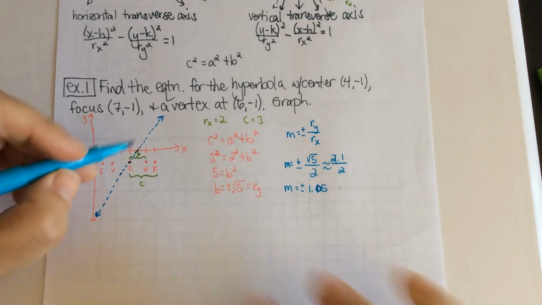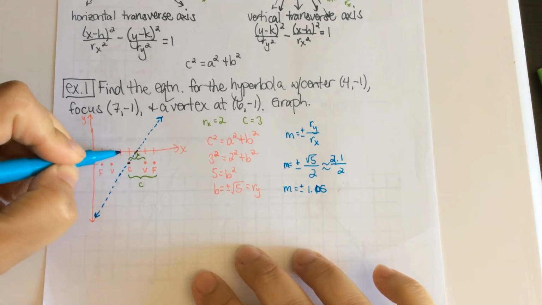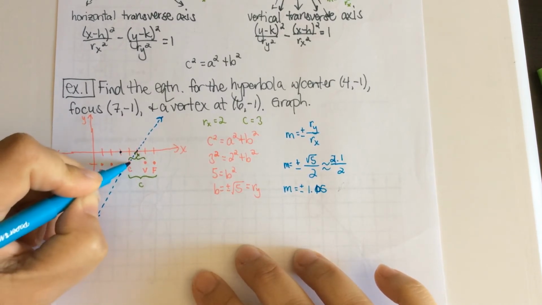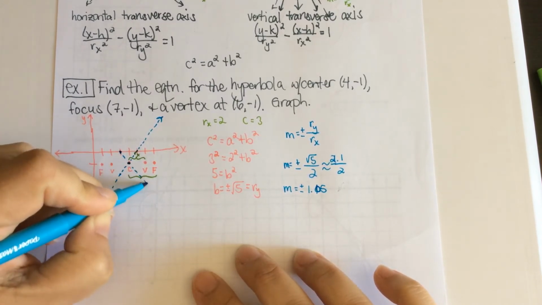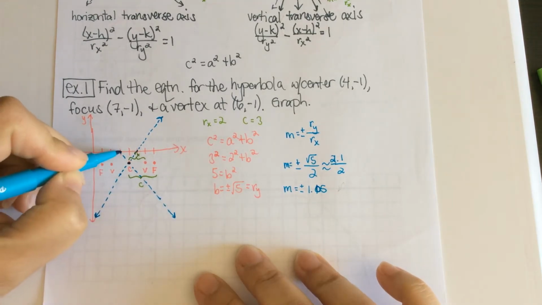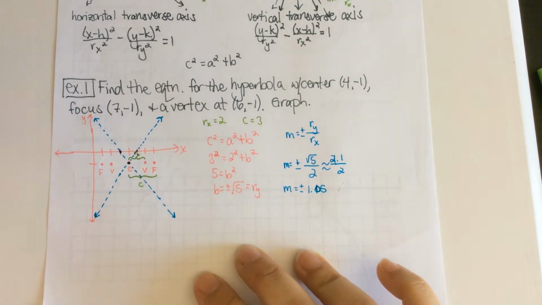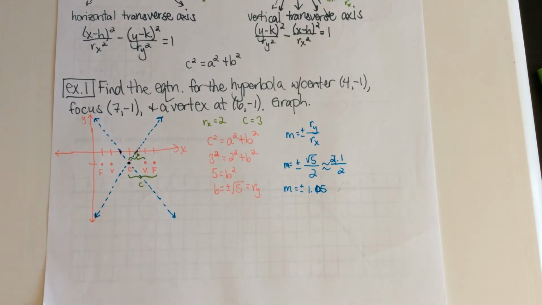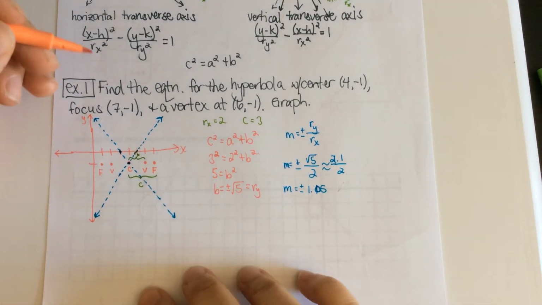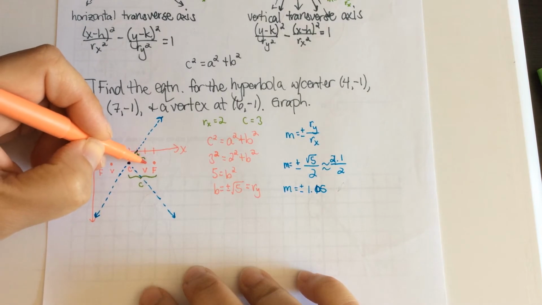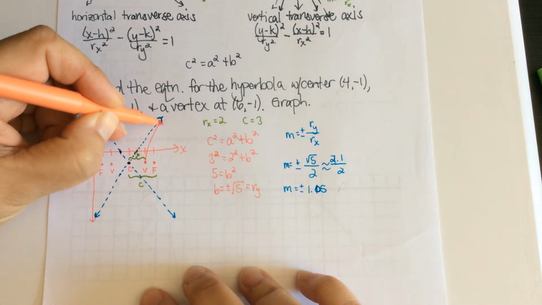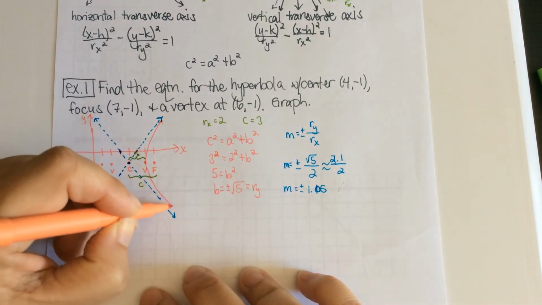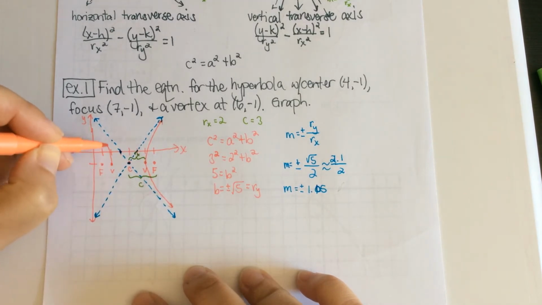And then my negative slope is going to be the other direction, up and left or down and right. It's not going to be perfection. And then from there, the way that I draw the actual parabolic shaped curves is I start at the vertex and I just approach the asymptotes.